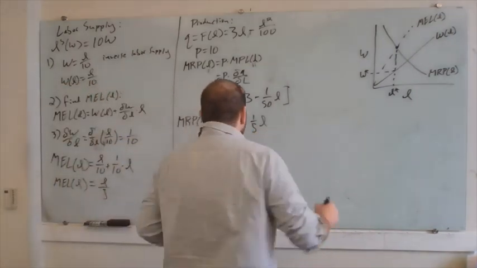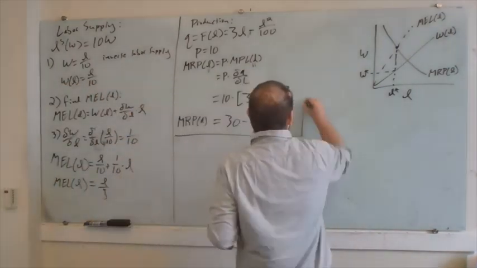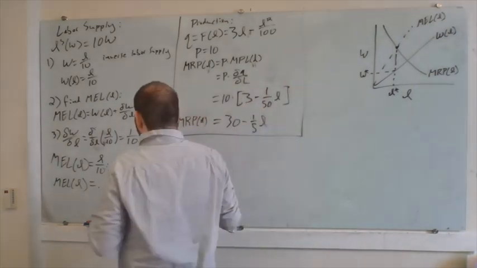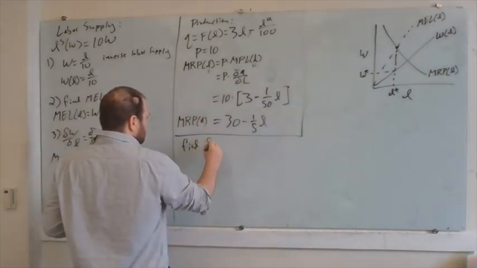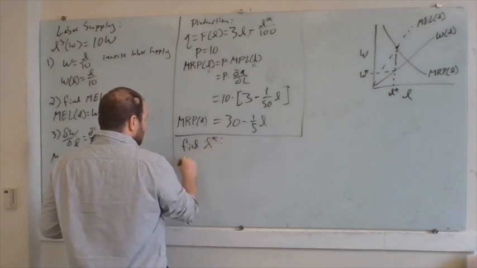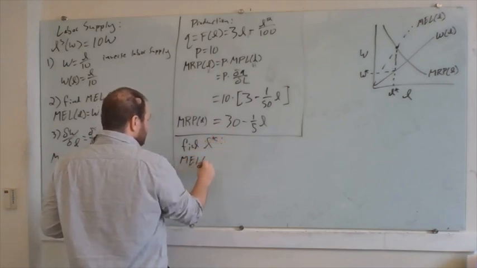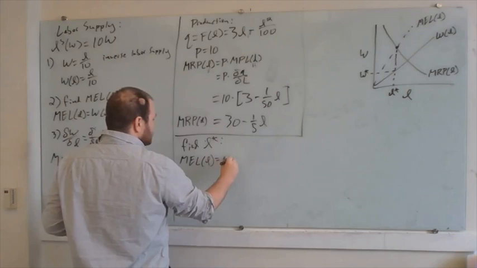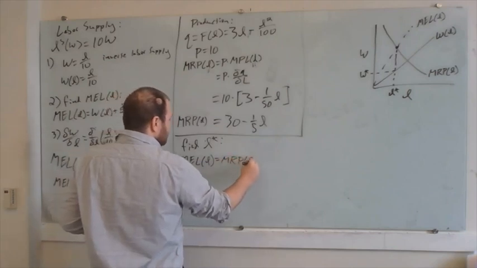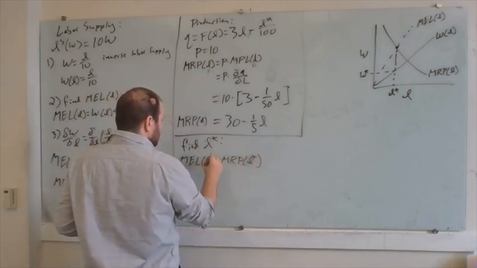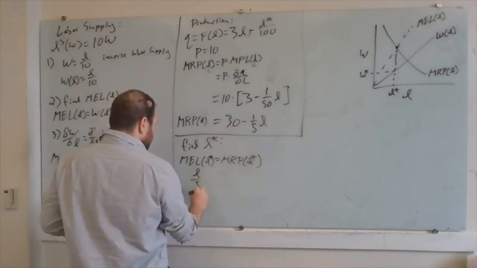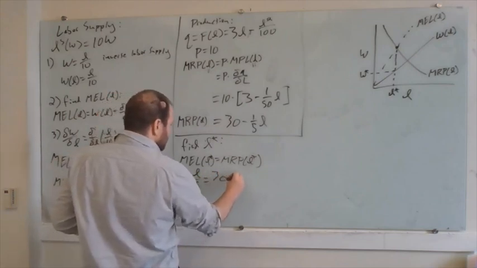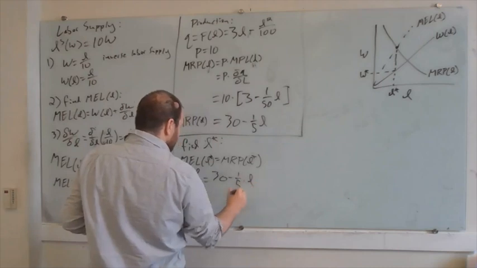We've got a marginal revenue product of 30 minus 1/5 L. So in order to find out the number of workers, right? We're just going to set our marginal expense of labor equal to our marginal revenue product, right? So we'll get L over 5 equals 30 minus 1/5 times L, right?